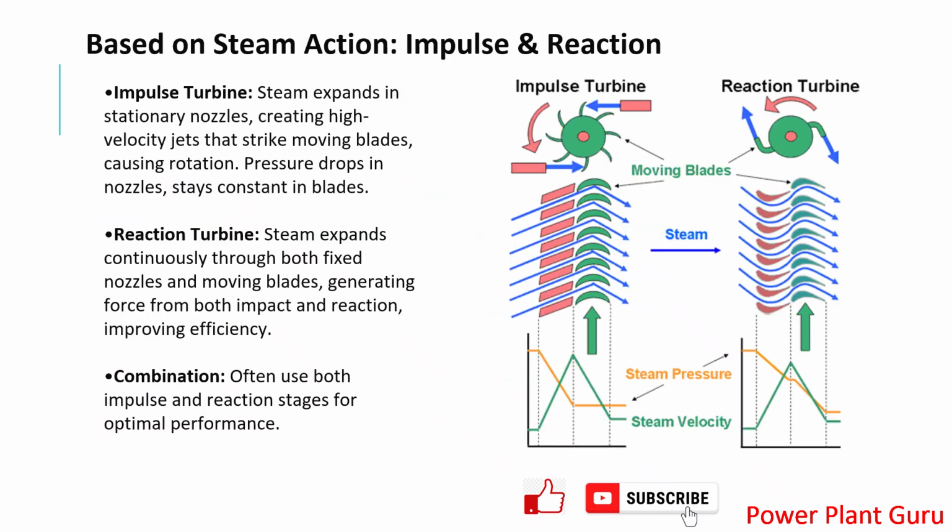Okay, so now coming to impulse and reaction type of categorization for steam turbine. And this might be a very interesting topic while many of you have been through your mechanical engineering classes, so most of you might be knowing only.